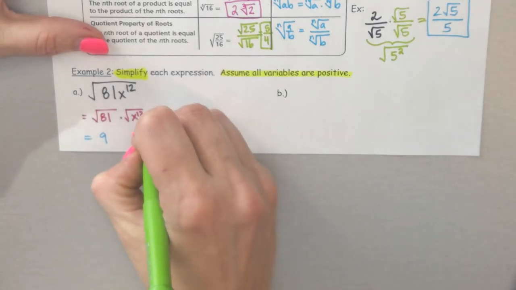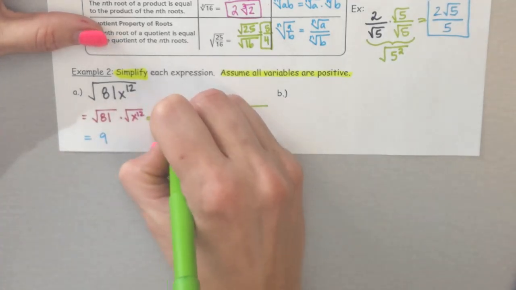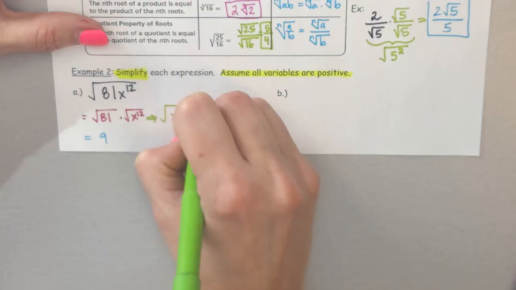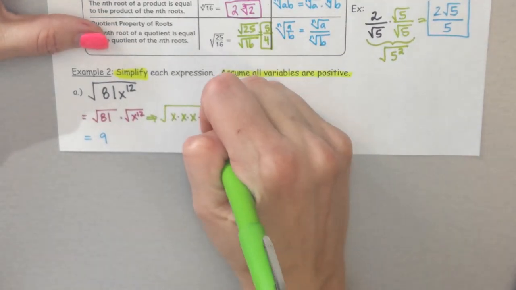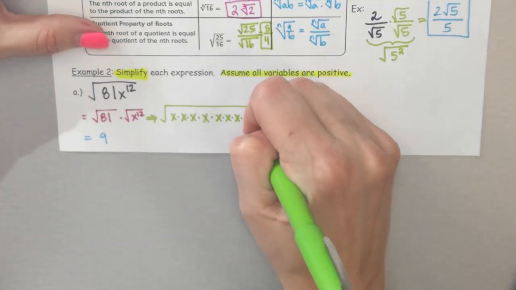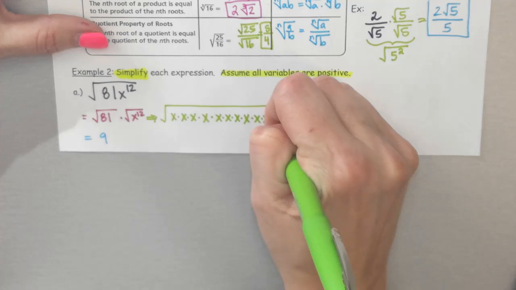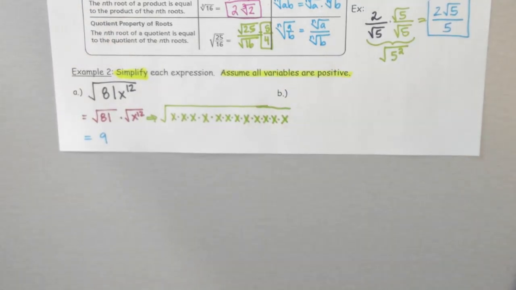Now for the second part, I'm going to visually show you what we are doing here. When you are taking that square root, we're going to write this out. If you have x to the 12, you're going to have 12 x's underneath your radical. We're not going to write this out every time. We're just going to write it out this time and another time to help you with some visuals about what's happening. And then you're going to be able to use your patterns.